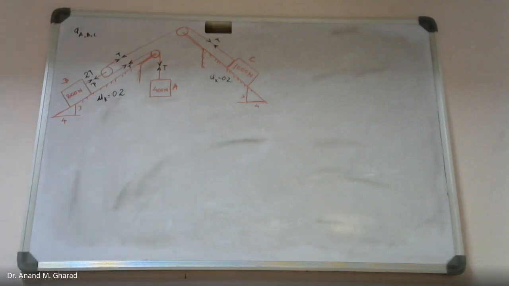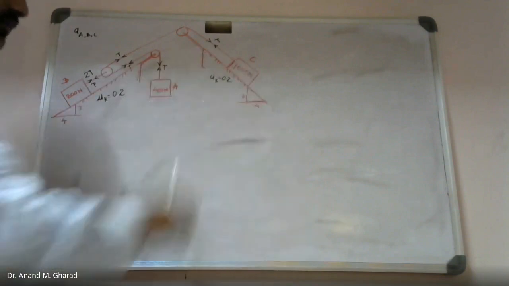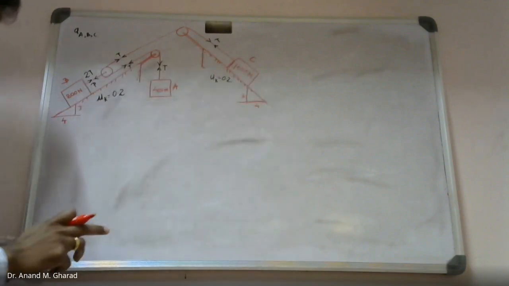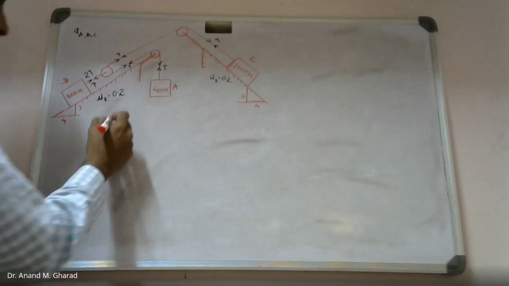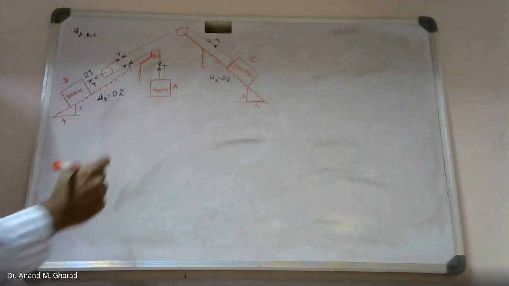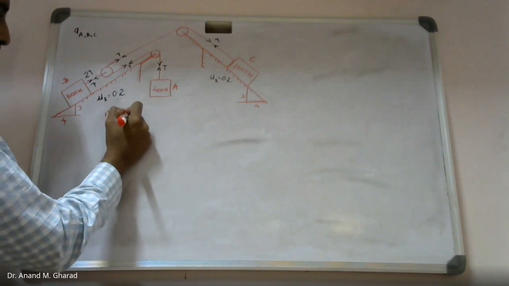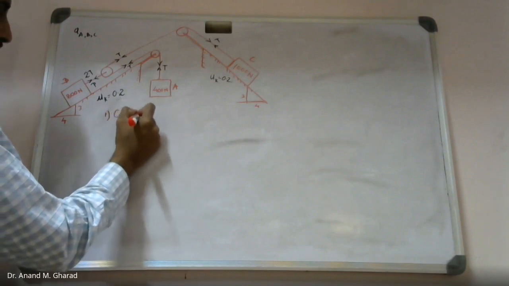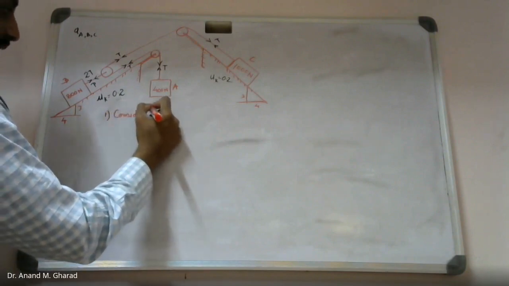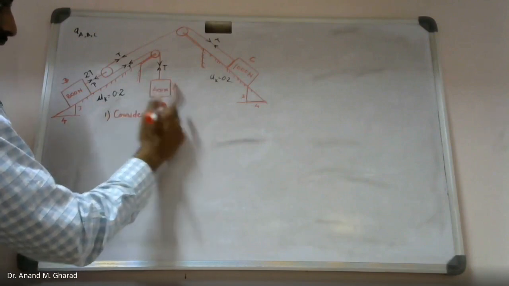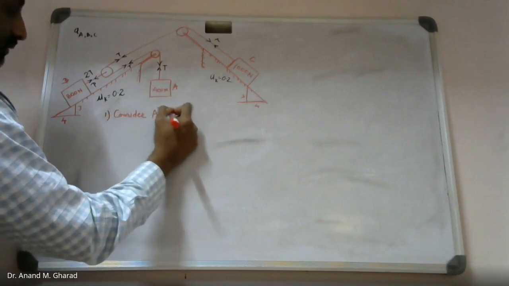Now let us try to find out the direction of motion of each block. While doing so, what you are supposed to take care? You are supposed to consider a few things. First of all, you consider block A to be at rest.